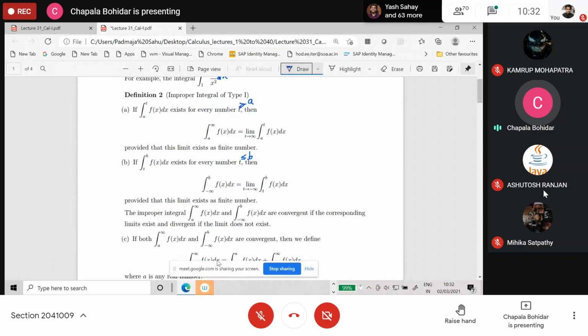The improper integrals from a to infinity and from minus infinity to b are called convergent if the corresponding limits exist. Otherwise, if the limit does not exist, it is called divergent.